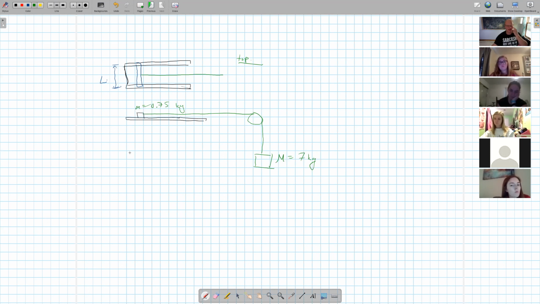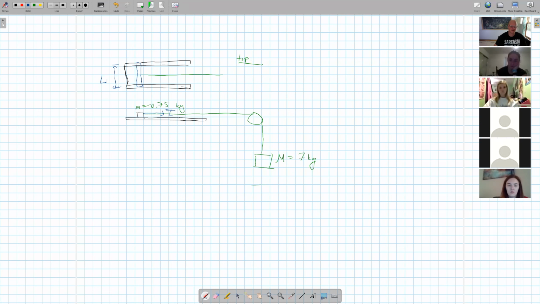So basically what's going to happen is this thing is going to cause this guy to start accelerating downward, which means this thing is going to have a time-dependent velocity in this direction. This thing is going to feel a tension being pulled in this direction. So this is my tension force, which is from this guy, which also has a tension force, and this has mg down in this direction.